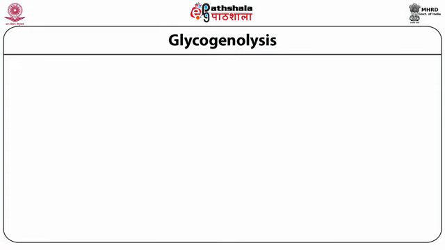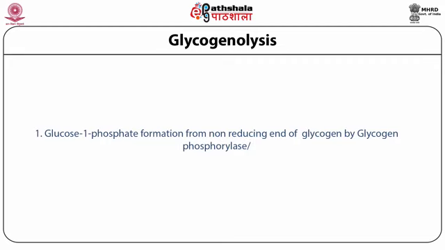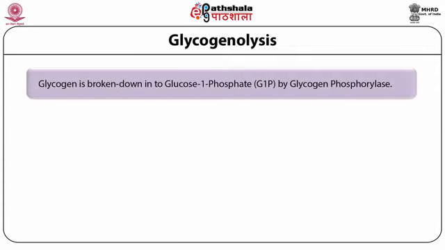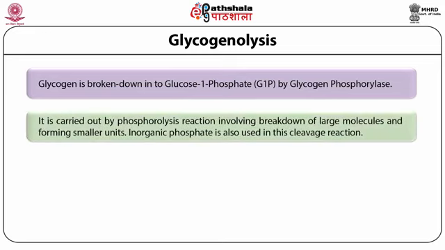Now, over here, we'll try to understand how glucose 1-phosphate is formed from the non-reducing end of glycogen by glycogen phosphorylase. Glycogen is broken down into glucose 1-phosphate by glycogen phosphorylase. It is carried out by a phosphorylase reaction involving breakdown of a large molecule into smaller units. Inorganic phosphate is also used in this cleavage reaction.